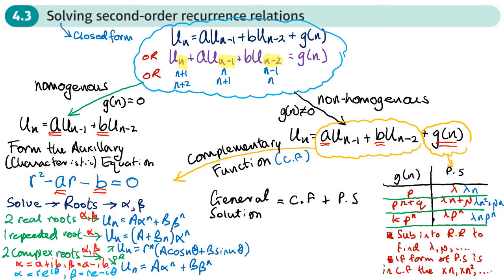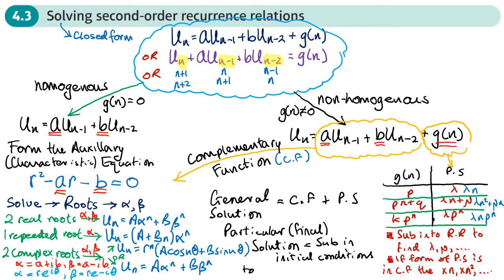Now if we want a particular solution, or what we can call the final solution, so that we don't end up mixing it up with this particular solution, then all we do is we substitute in any initial conditions. So you might be told u1 equals something, u2 equals something. So we'll just write down here: sub in initial conditions to find the value of the arbitrary constants.